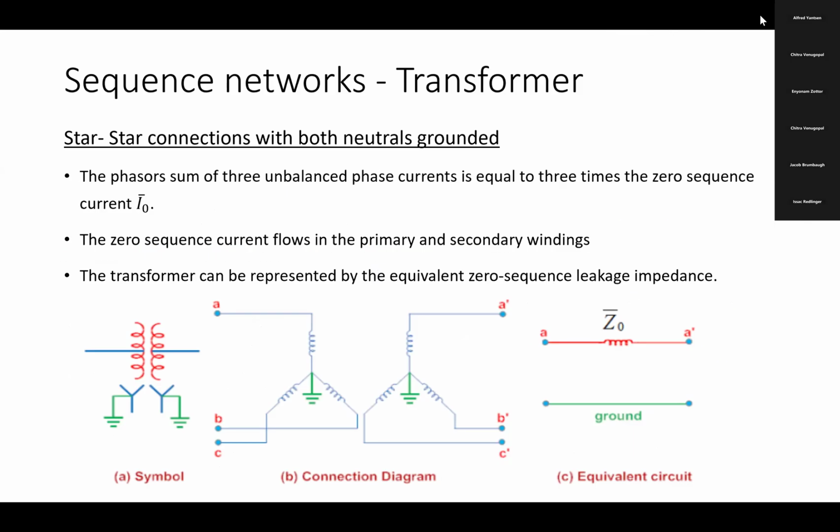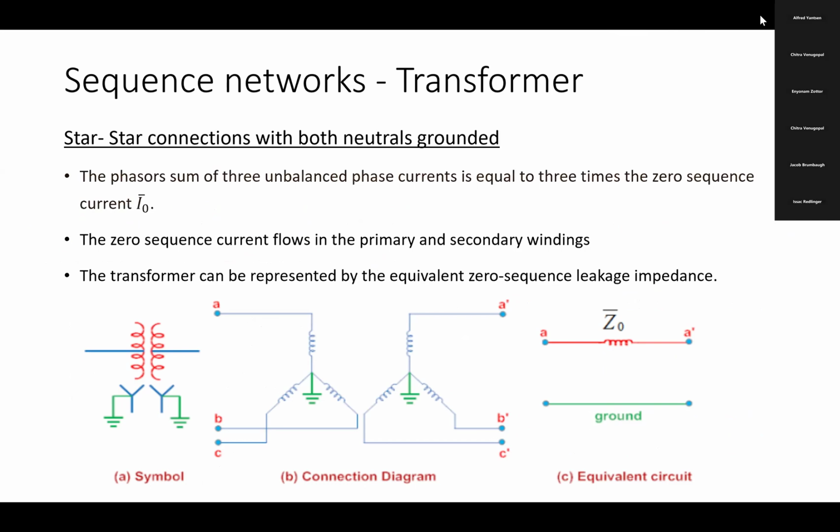Star connection with both neutrals grounded. It's a very simple form. Only the zero sequence you have to look at, because that is where the difference comes. For positive and negative sequence, you just transfer the impedance as it is. Zero sequence goes through different formulas. Y and Y grounded is very simple, just take the sequence impedance.